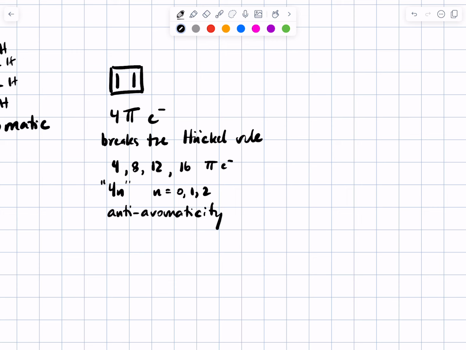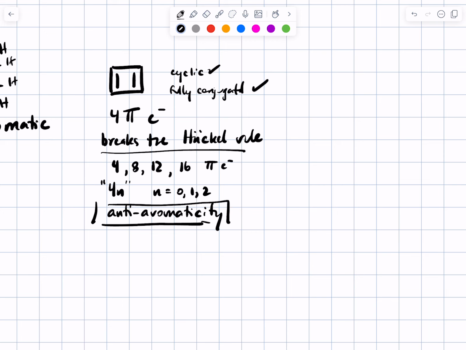We will talk about that as well. So again, cyclobutadiene checks the cyclic and fully conjugated boxes. However, it has the wrong number of pi electrons, and so it is actually anti-aromatic. That means it's especially unstable, more unstable than you would expect for a cyclic conjugated hydrocarbon.